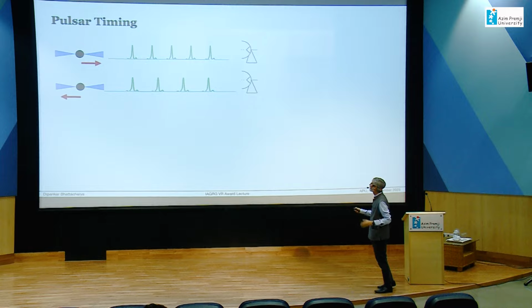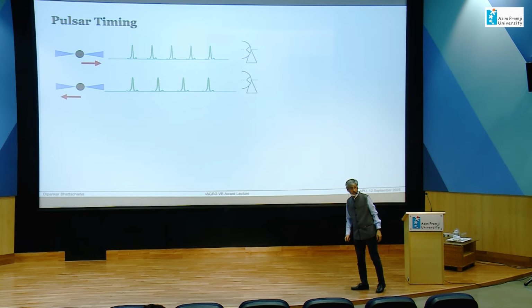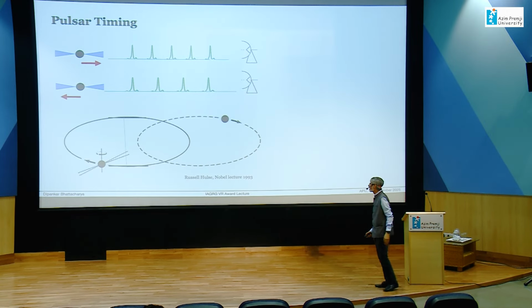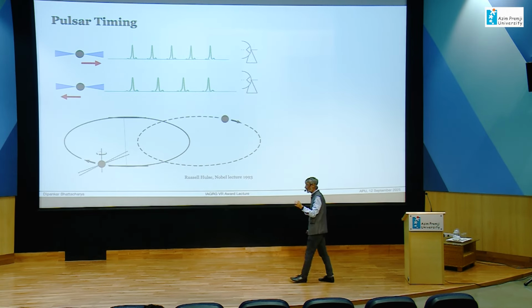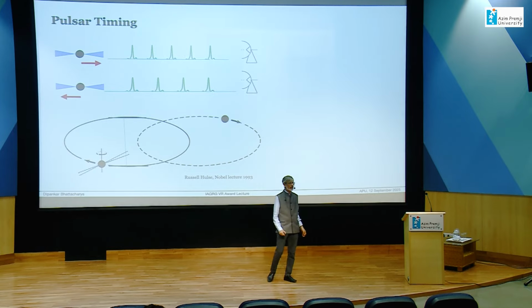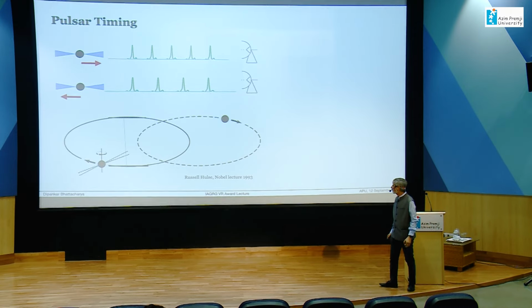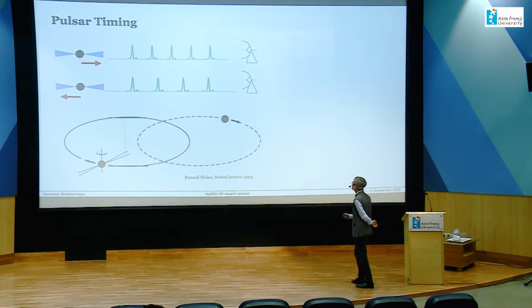So the pulses will be crowded together if it is coming towards you. They will be spaced further apart if it goes away from you. So the same technique that we apply for spectral lines can be applied to pulse period. And this can be done with great accuracy. And things like orbital motion of pulsars can be probed with excellent detail using this kind of measurement.